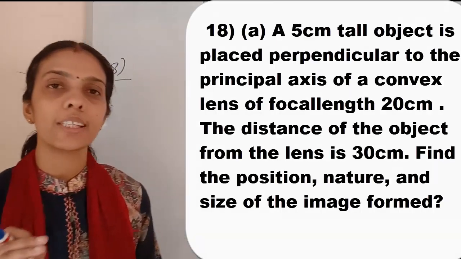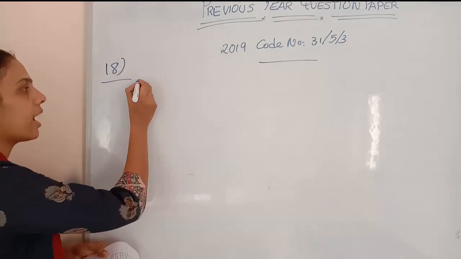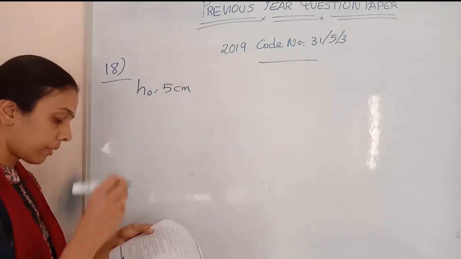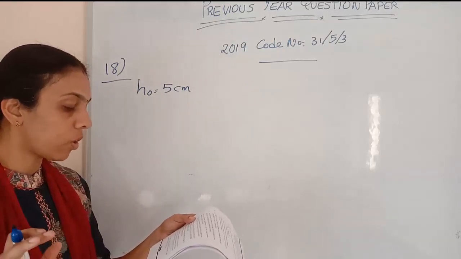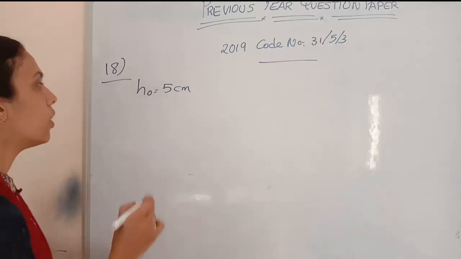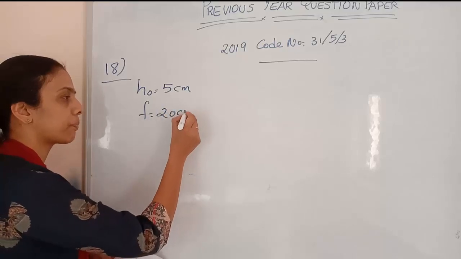A 5 centimeter tall object, so that is the height of the object is 5 centimeter, is placed perpendicular to the principal axis of a convex lens of focal length 20 centimeter. Focal length is given as 20 centimeter.